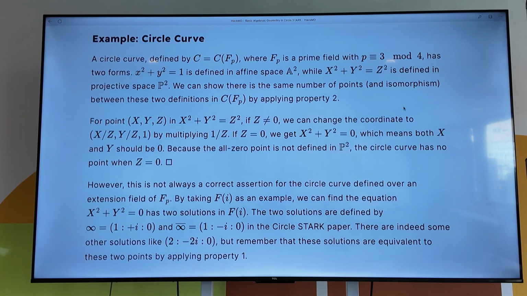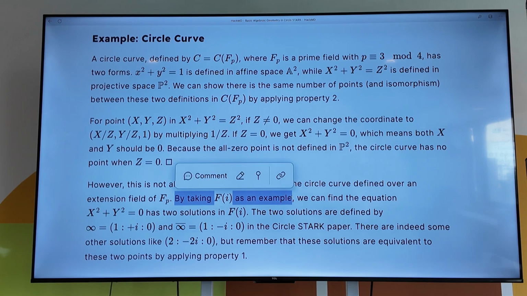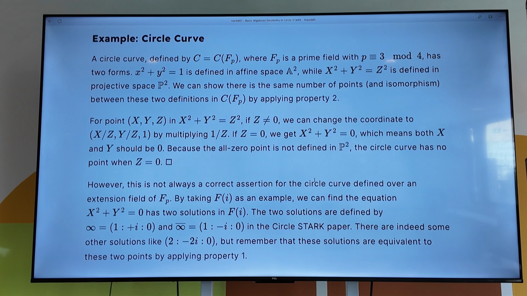But if we change our base field, we can find something different. If we take Fp as an example, that means the base field is Fp, and we can construct an extension field by adjoining i, which is a root of -1. Then we can find the equation x squared plus y squared is equal to 0 has two solutions.